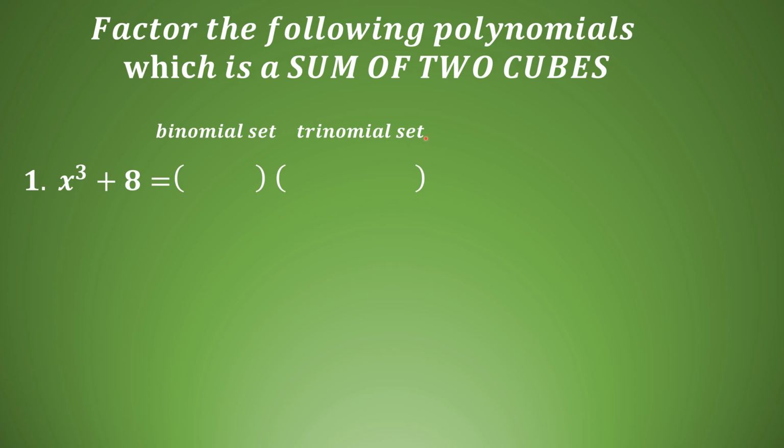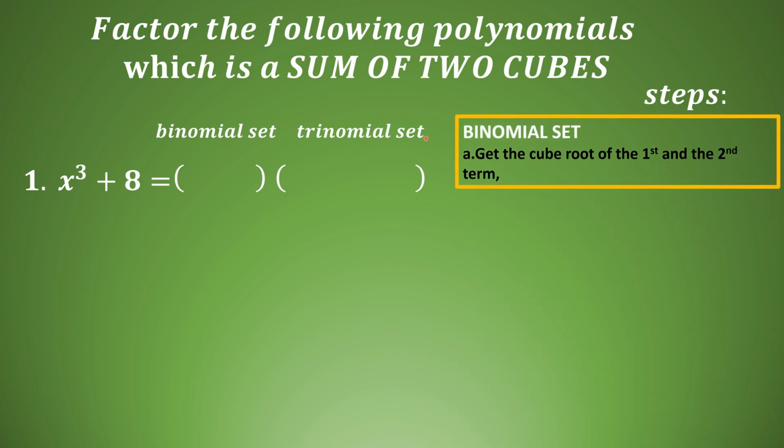Okay, so let us now have the different steps in factoring the sum of two cubes. The first thing we need to do is get the cube root of the first and the second term of the given. So the first term in the given is x cubed and its cube root is x, because if x is multiplied 3 times by itself, we get x cubed.